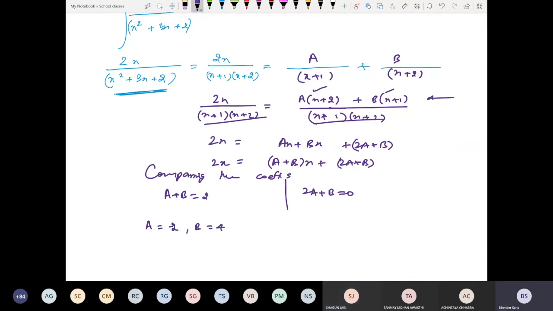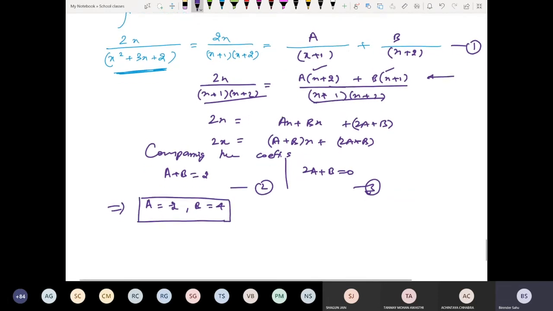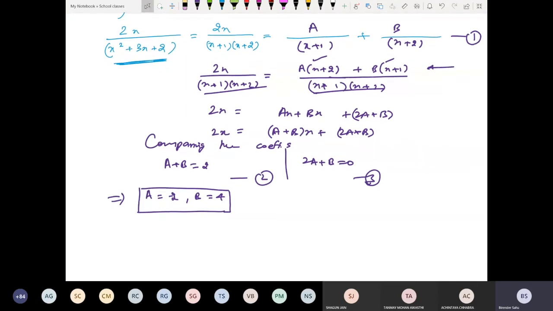Good, beta. So by solving these two, this is number 1, this is number 2, number 3. Solving 2 and 3, we get a equals -2 and b equals 4. You can solve these equations in your own way; how fast you can be, it's all up to you. Now we can substitute this in equation number 1.